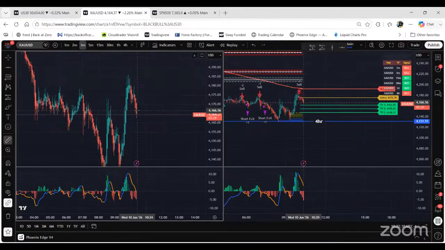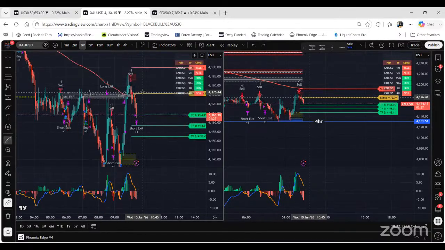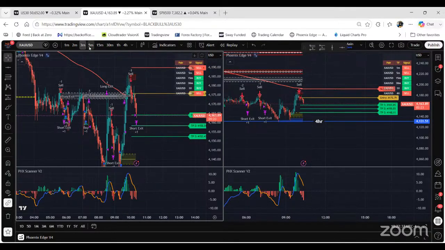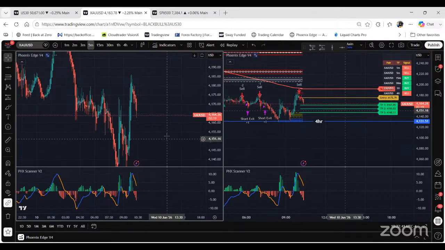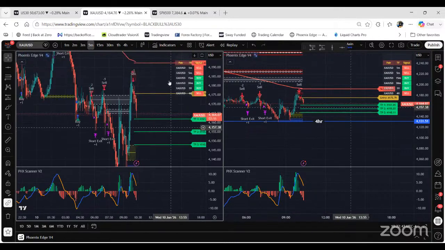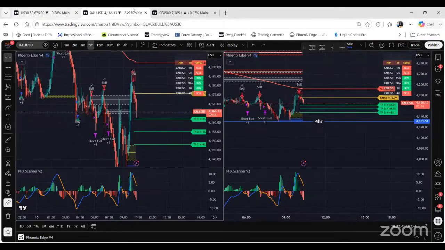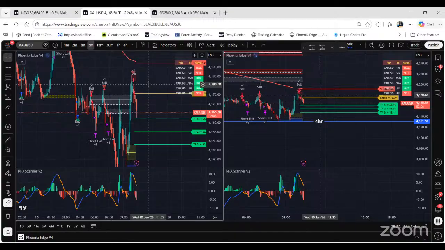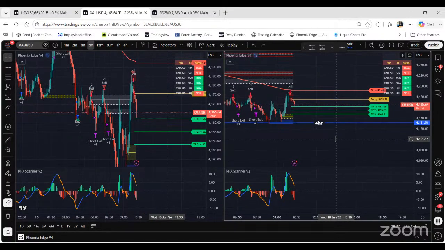TP3 was hit on that one. 3 minute, TP1 was hit, and again, about 121. So you're up 100 plus pips on every one. Just make sure it's in profit. Hey, appreciate y'all calling that out. That's over 300 pips. Over 300 pips call.